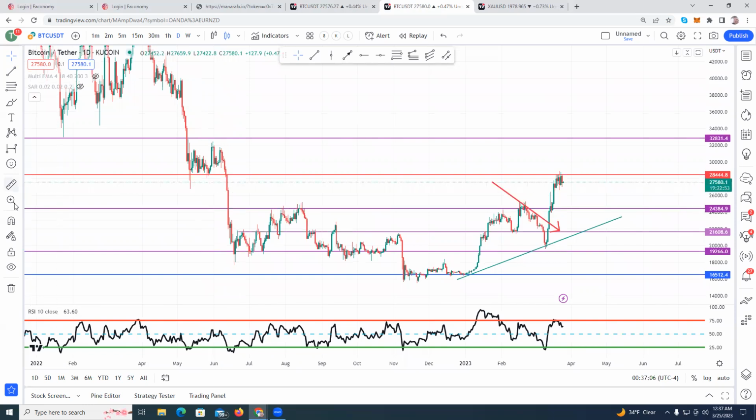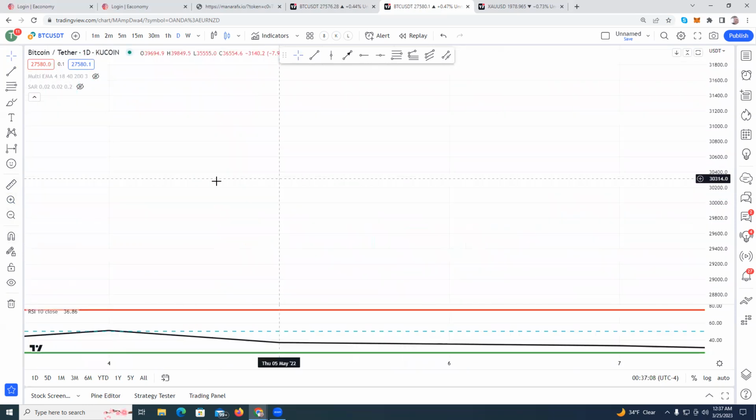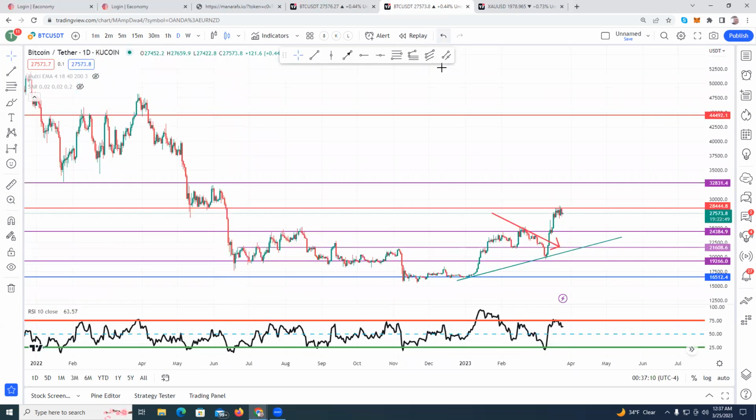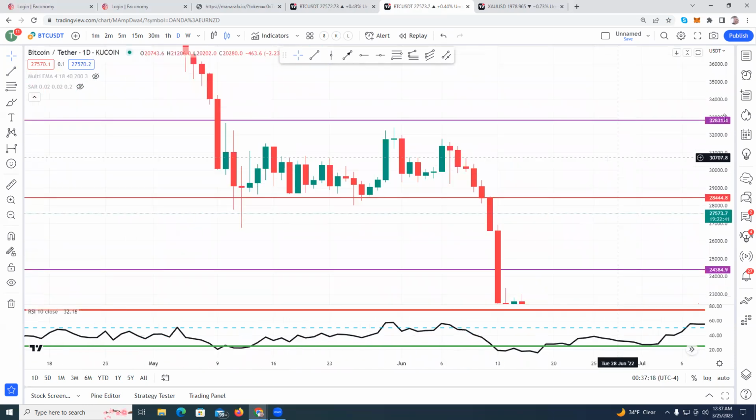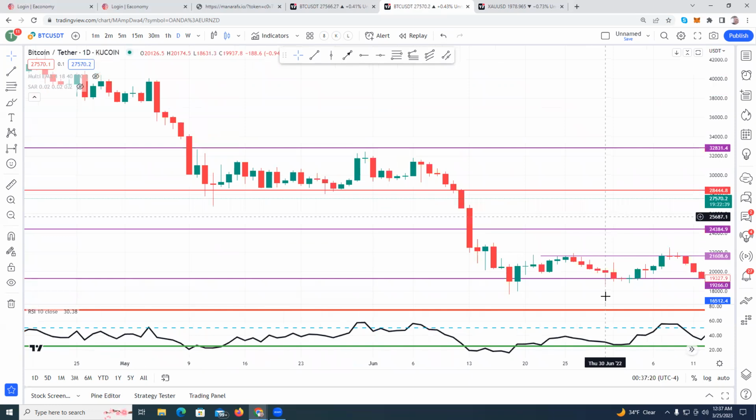So when I zone in on this, let me go back, I'm sorry. Once I zone in on this area here, what do we see? Let me go back one more time.